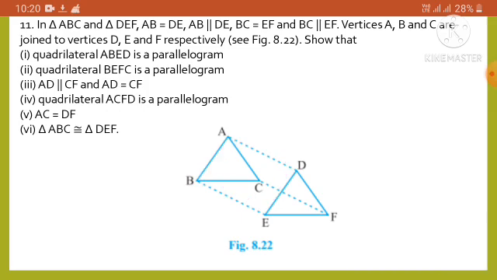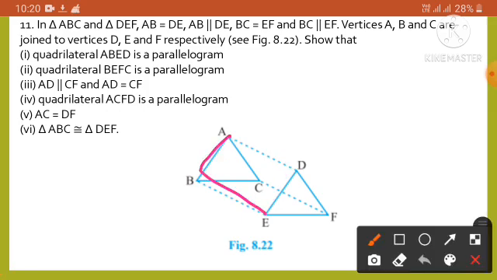So we can easily say that ABED is a parallelogram. Okay. So we got the first question. Now the second. Already given that BC equal to EF and BC parallel to EF. So BEFC is a quadrilateral in which a pair of opposite sides, that is BC and EF, are parallel and of equal length. So we can say that BEFC is a parallelogram also.